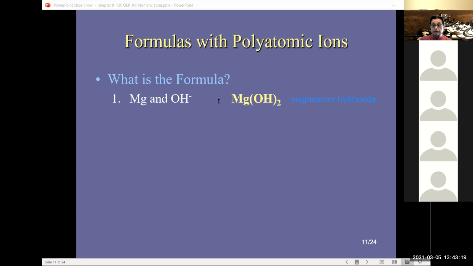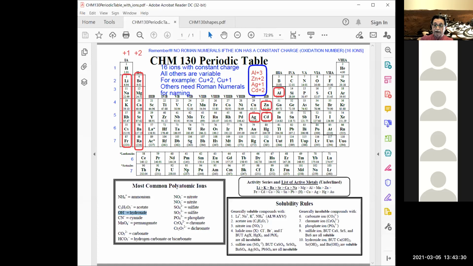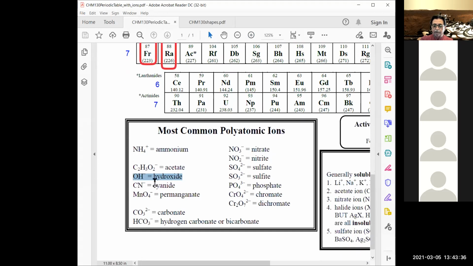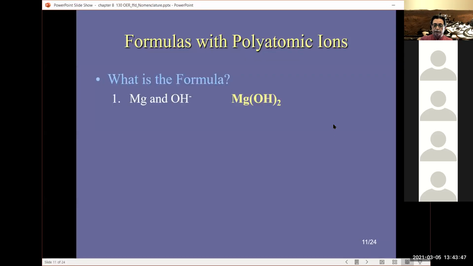It's not anything of the sort, any combination. It is simply hydroxide, okay? And I direct you to the periodic table again. They all have their own specific name, the polyatomic ion, and that is what you use to name them. Okay, so that's magnesium hydroxide.